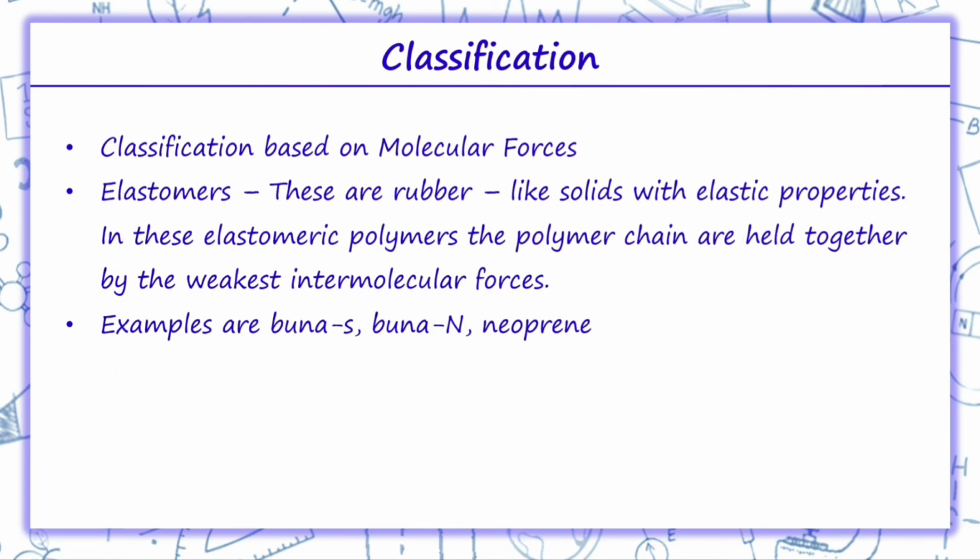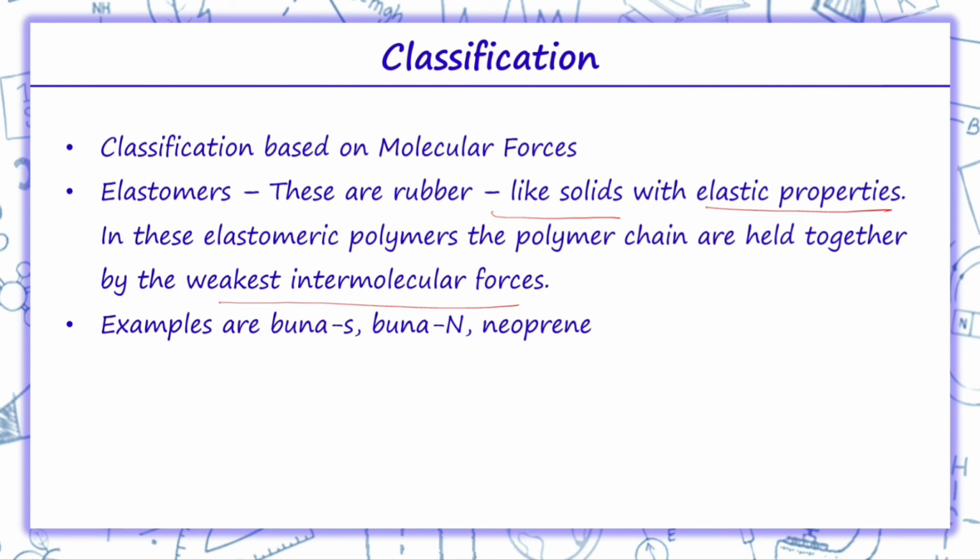Moving on to the classification based on molecular forces. Based on molecular forces, we have elastomers, fibers, thermoplastic polymers and thermosetting polymers. Elastomers are rubber-like solids with elastic properties. In elastomeric polymers, polymer chains are held together by the weakest intermolecular forces.